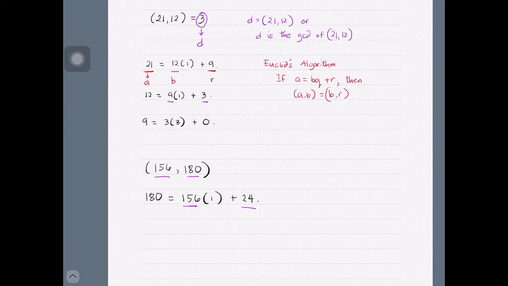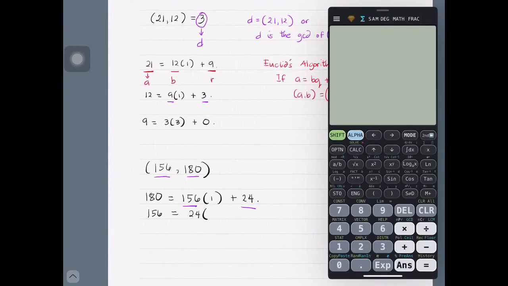Continuing the process, we will now write 156 in terms of 24. And as discussed, we are to continue making equations until we arrive at an equation containing 0 as its remainder.